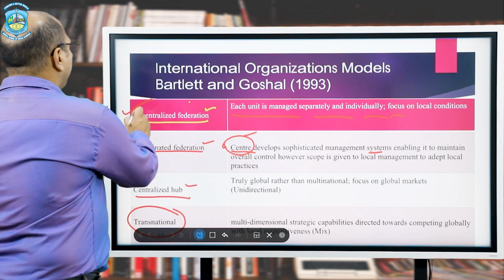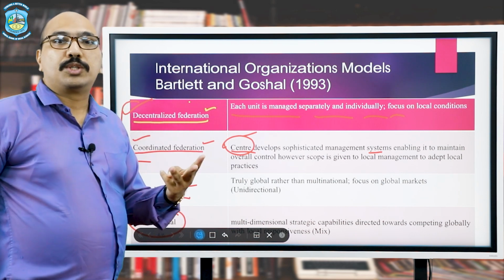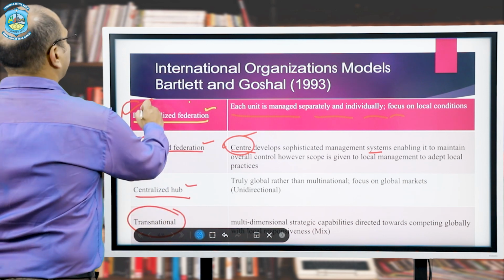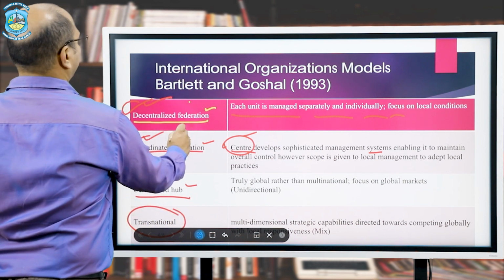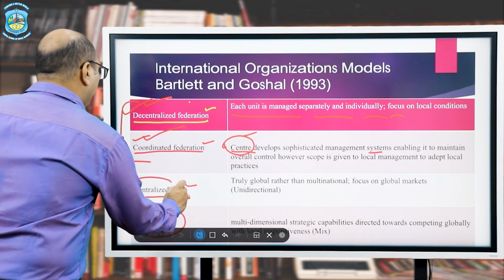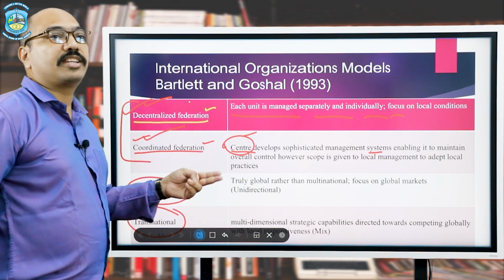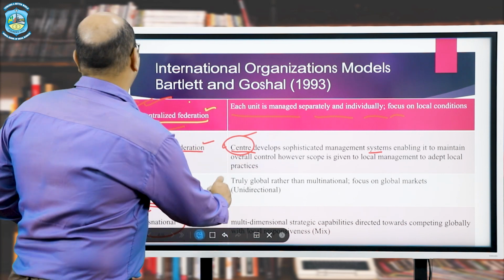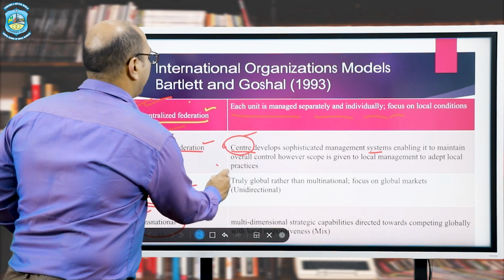So such a model is coordinated federation. Both these models are federations. One is decentralized federation, the other is coordinated federation. This is more decentralized, this is rather less decentralized. The other two are centralized hub and transnational. Now centralized hub is one step more centralized than coordinated federation.